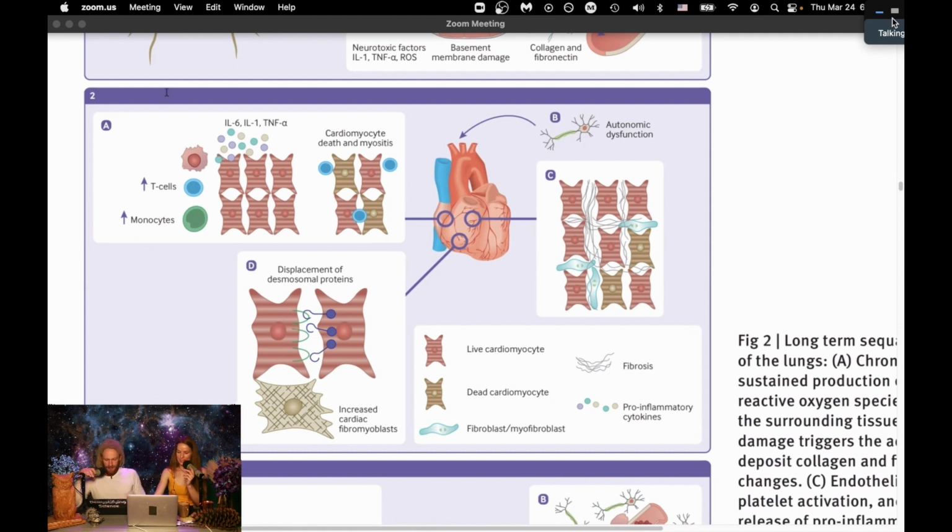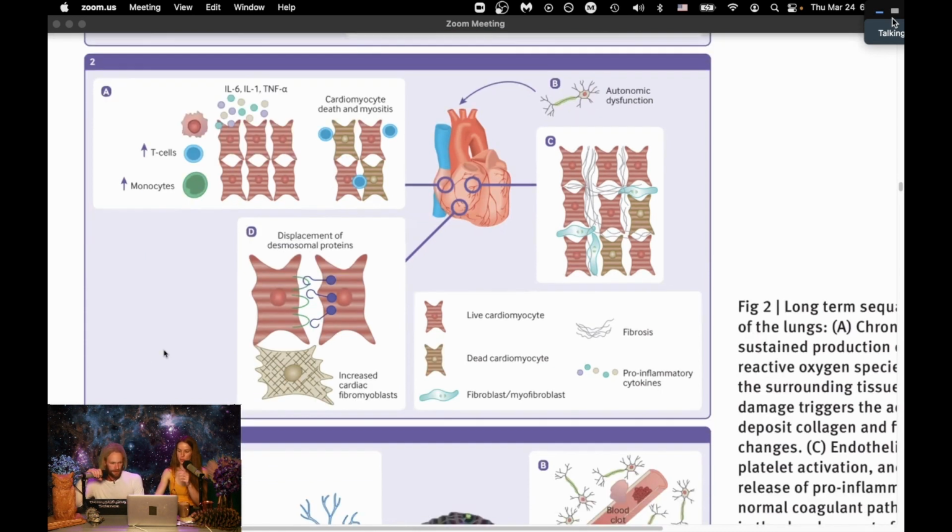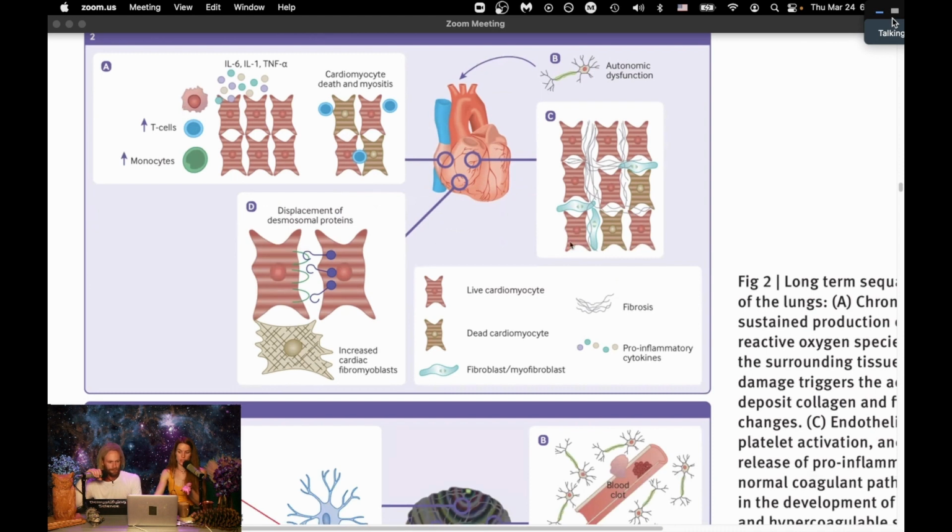Anyways. Back to the cardiomyocytes. Walk us through. This is the same story as with the lobular cells, except we're talking here about cardiomyocytes. So the reason that you have the same development of fibrosis in the heart and lungs, but you also have this displacement of desmosomal proteins. And this displacement of desmosomal proteins is you're literally breaking the way that the cells hold to each other inside of the heart. So in the last paper, we talked about cardiac remodeling and ventricular abnormalities.